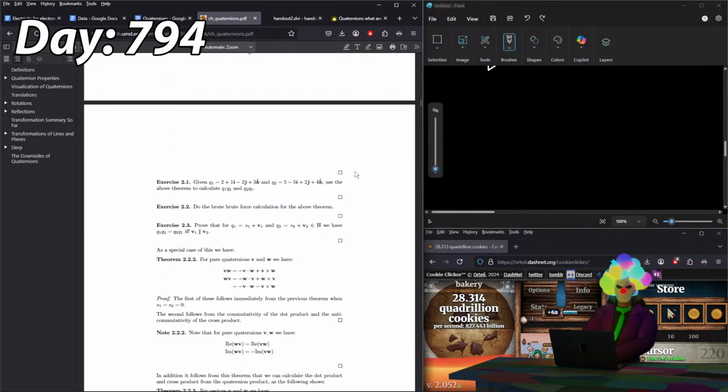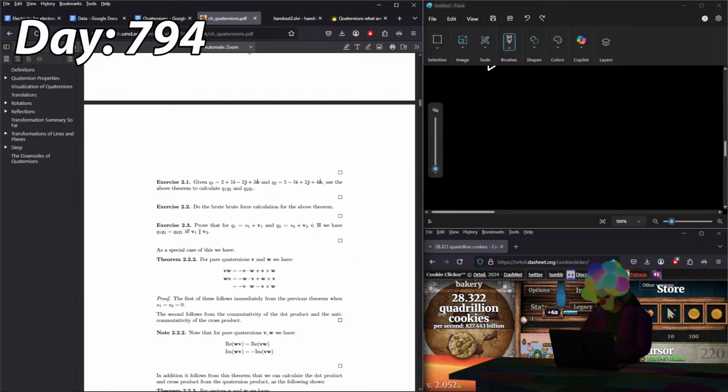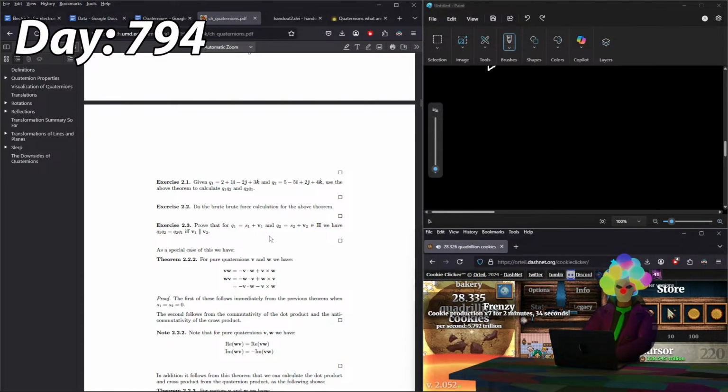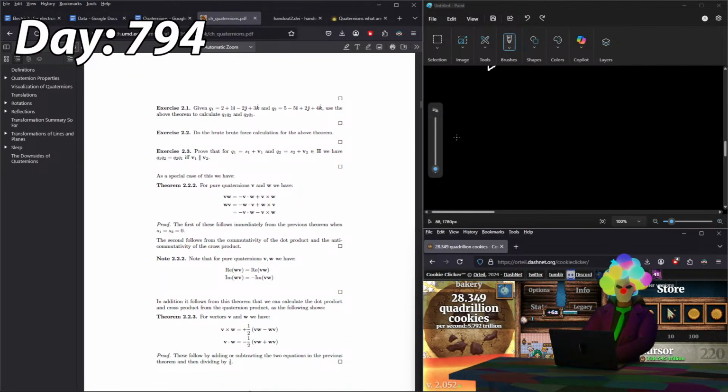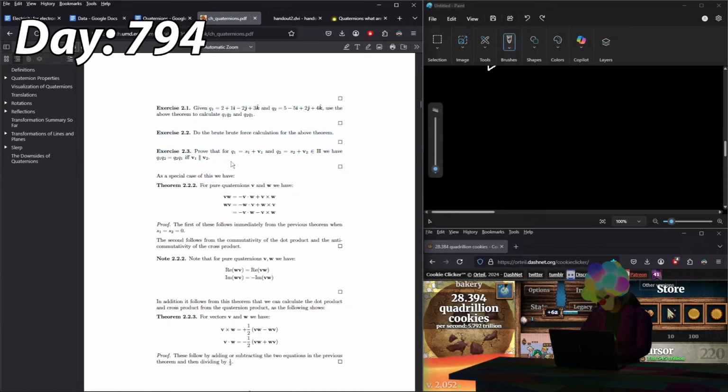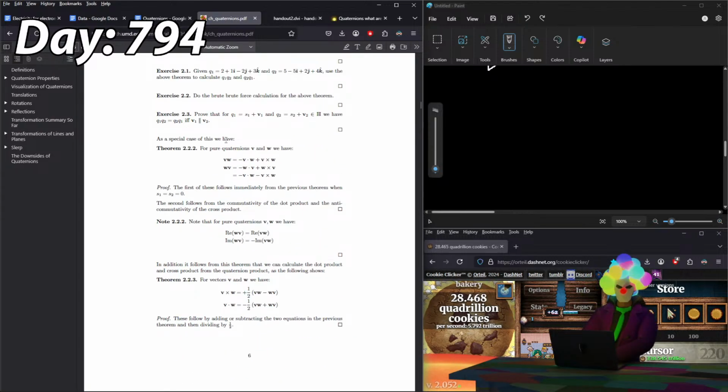Can I just do the brute force calculations by hand? Okay, prove that Q1, this... FV... Wait, what is that symbol? That's not equivalent. Equivalent is three lines sideways. Anyone knows what this symbol is? Or what it's supposed to be? Oh, I can't zoom on this. That's phenomenal.